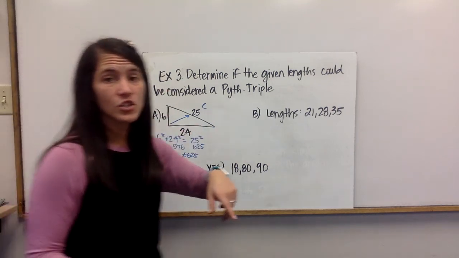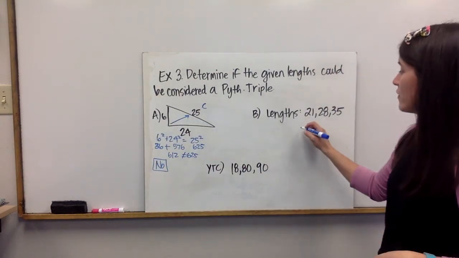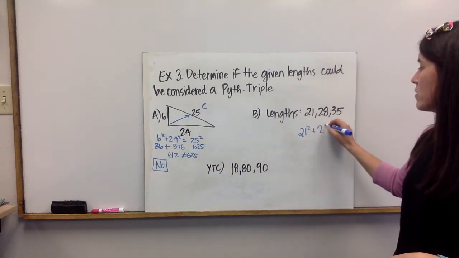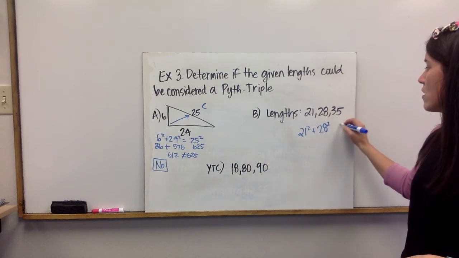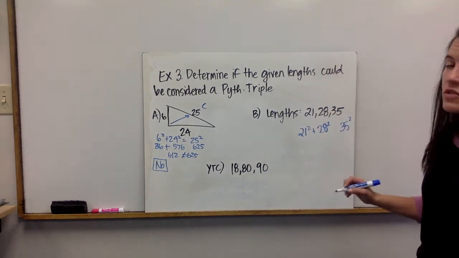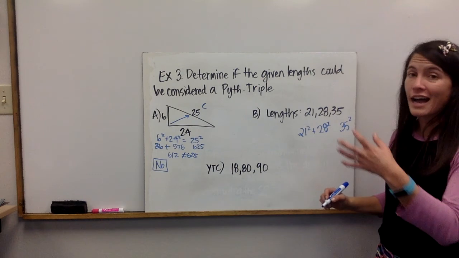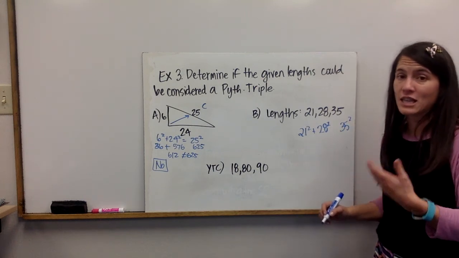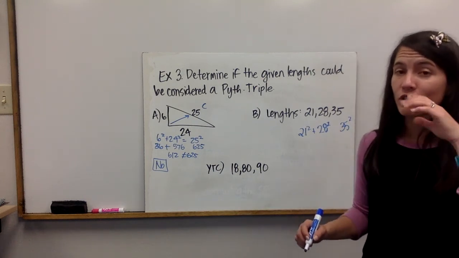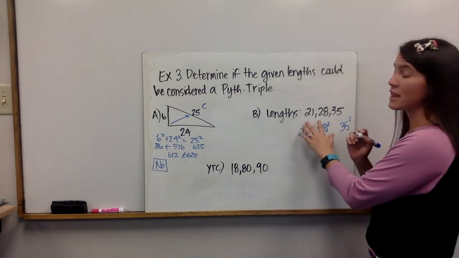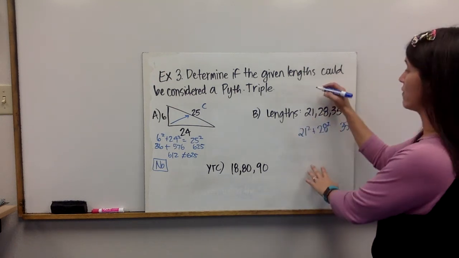Let's look at B, 21, 28, and 35. So 21 squared plus 28 squared and 35 squared. Do those equal each other? Now, I can type all this into my calculator and see that they are going to equal each other, but one thing I want you to notice and recognize is this is a multiple of 3, 4, 5.